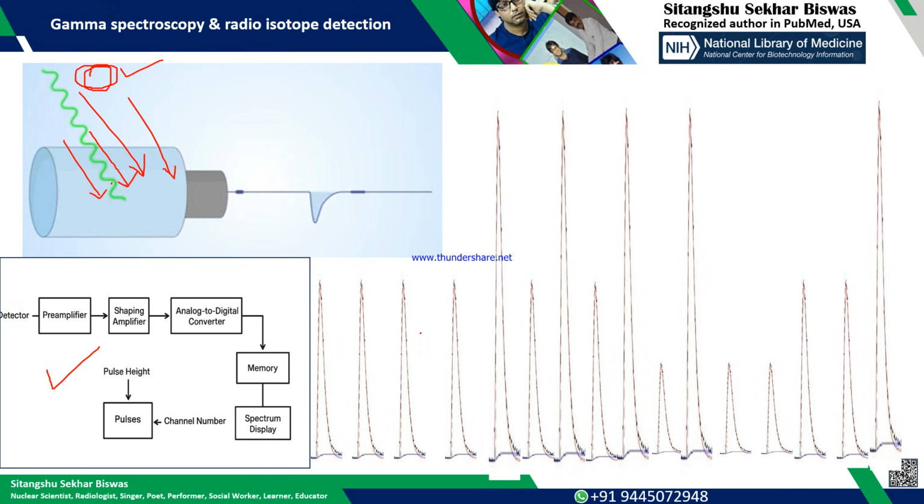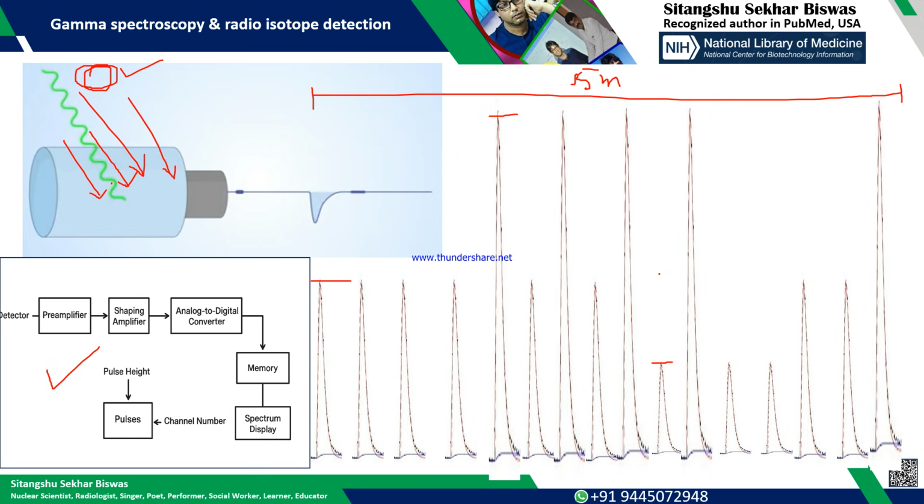For a particular time frame, say I take the sample up to 5 minutes, for example, I am getting pulses where this height is 200 keV, this is 300 keV, and this is 100 keV.